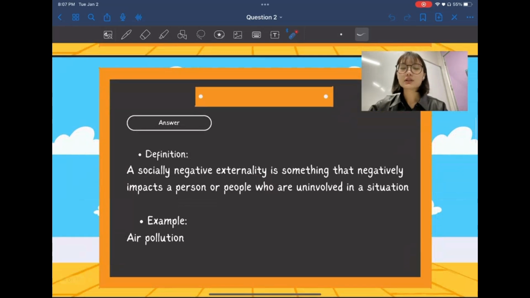The definition of a socially negative externality is something that negatively impacts a person or people who are involved in a situation. For example, a factory may release air pollution into the environment, incurring large social costs that neither the factory owners nor the consumers purchasing their product pay.